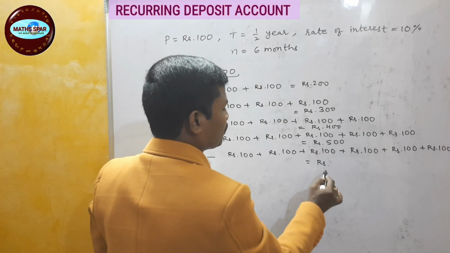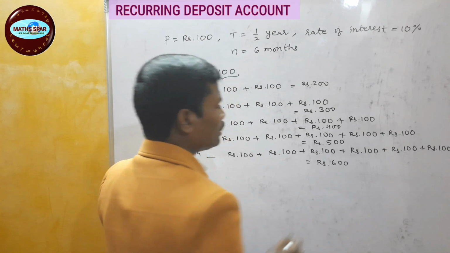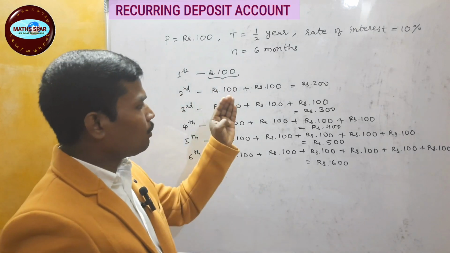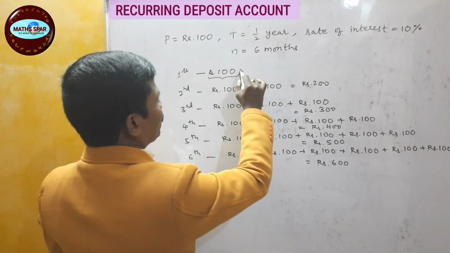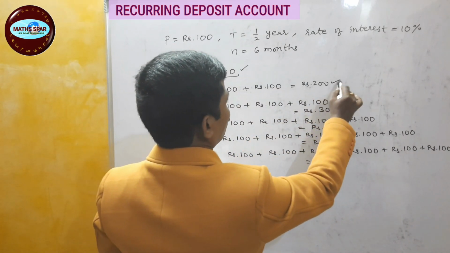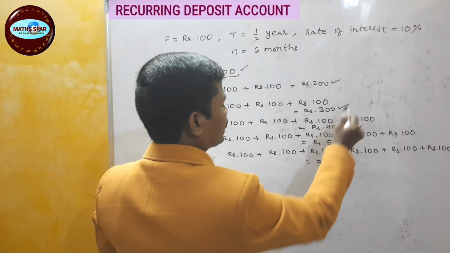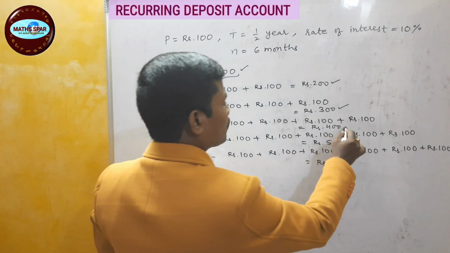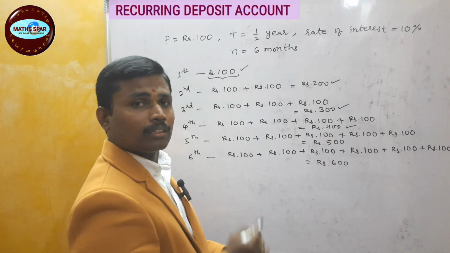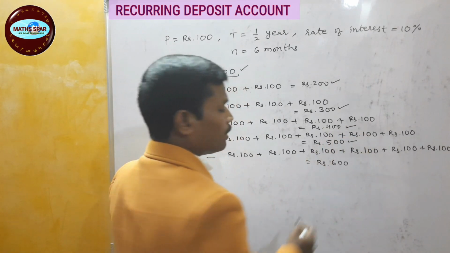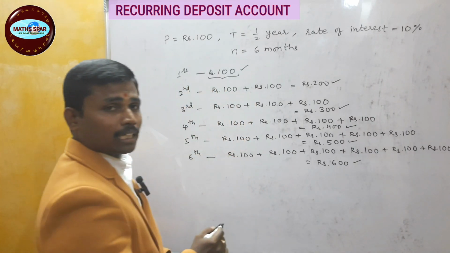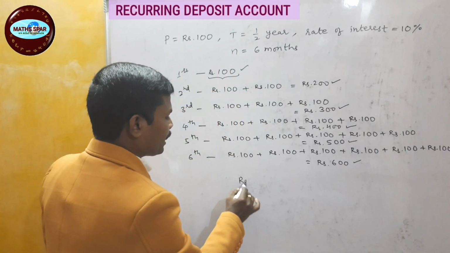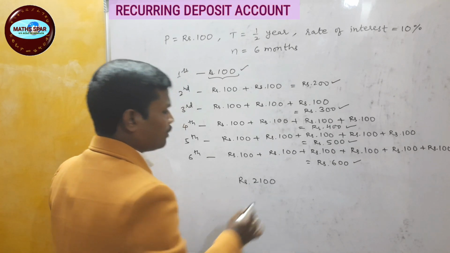At the end of sixth month he will get the interest on 600 rupees. Now on the whole, he is getting the interest on 100 plus 200, 300 plus 300, 600 plus 400, 1000 plus 500, 1500, next another 600, that is rupees 2100.